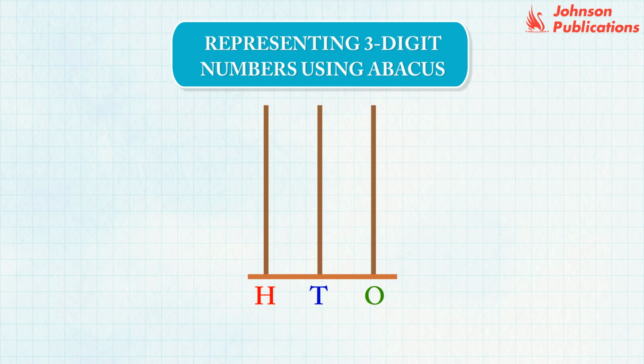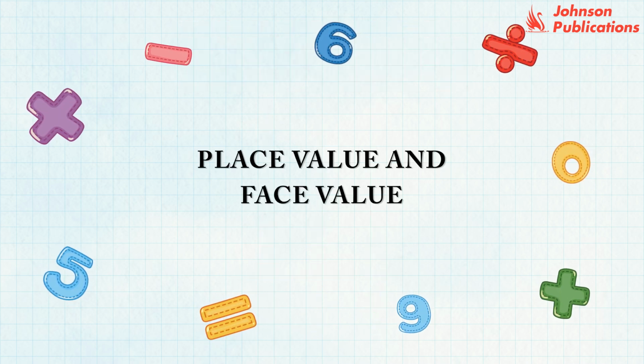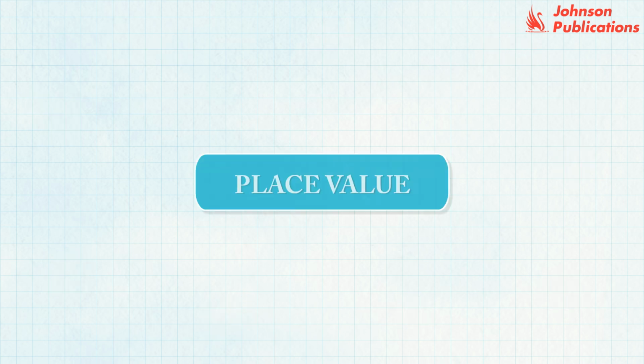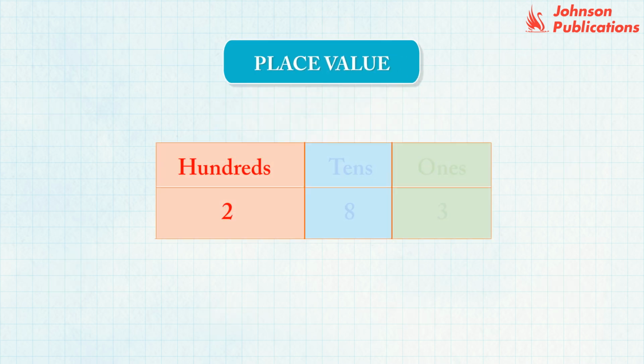Let us look at the examples. 4 beads in hundreds place, 3 beads in tens place, and 2 beads in ones place make 432. Place value and face value. What is place value? The place value of a digit is the number along with its position.